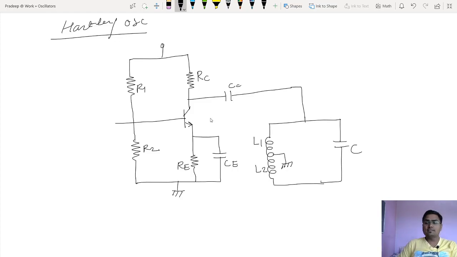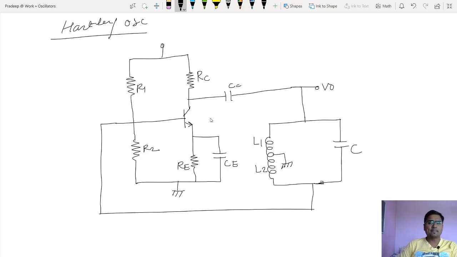Now the output of this tank circuit has to be connected back to the input of the amplifier. Look at this, here I am connecting the output back to the input. You have the option to check the output voltage here. Here you connect plus VCC, and this is the complete diagram for my Hartley oscillator.